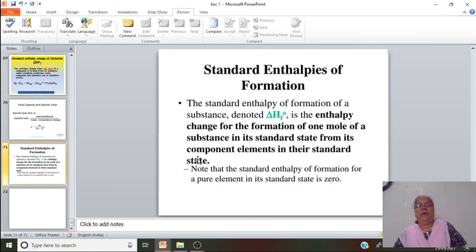Then all of you know the standard state.